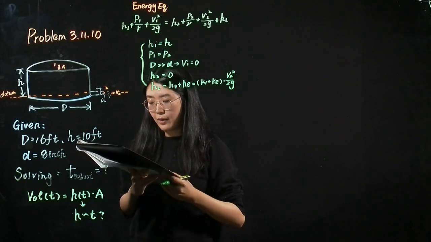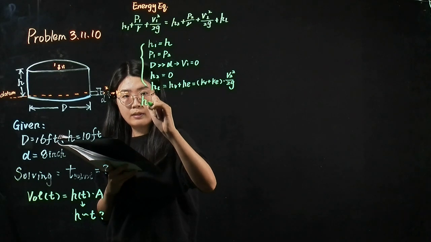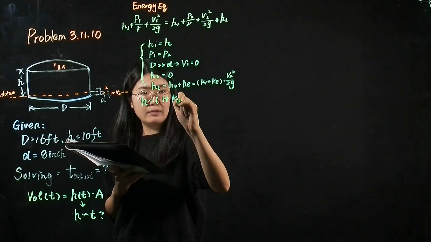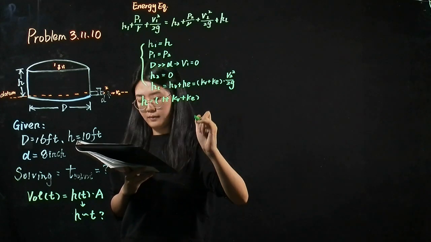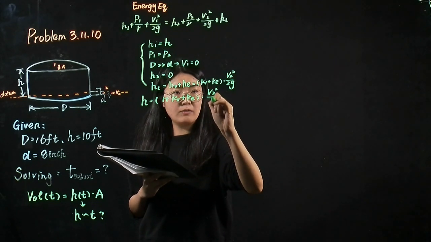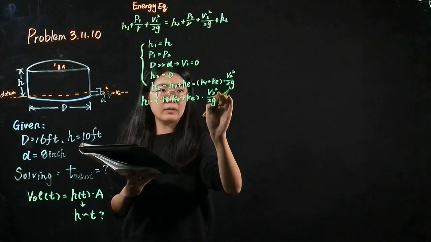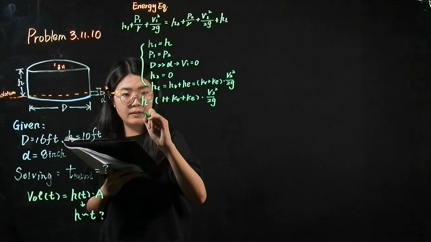After that, we get the equation H equals 1 plus KV plus KE, times V2 squared over 2g. In this equation V2 is the unknown, so we put it on the left-hand side.